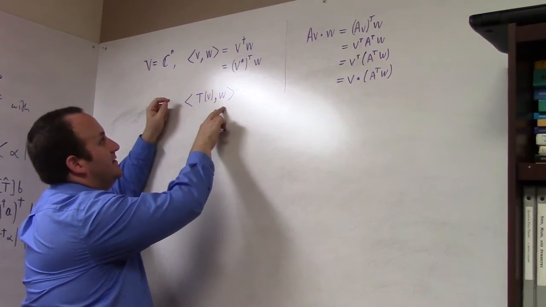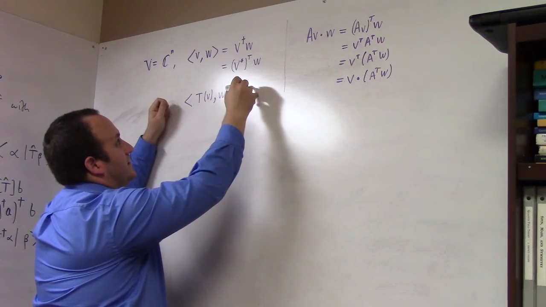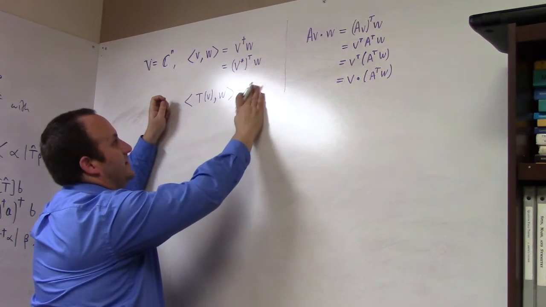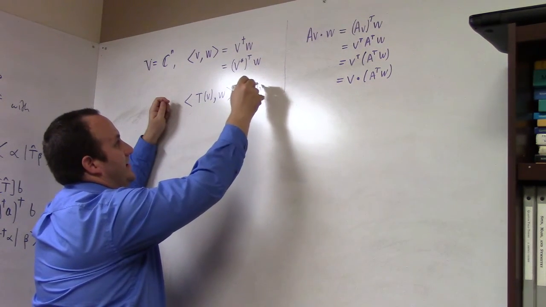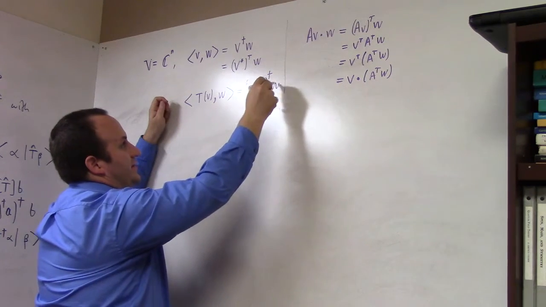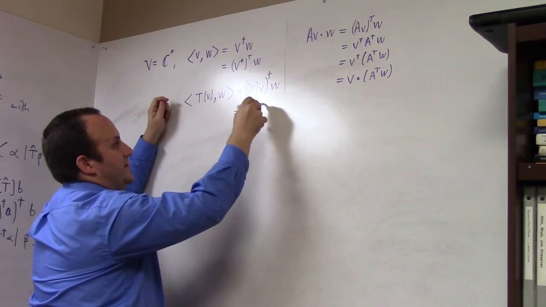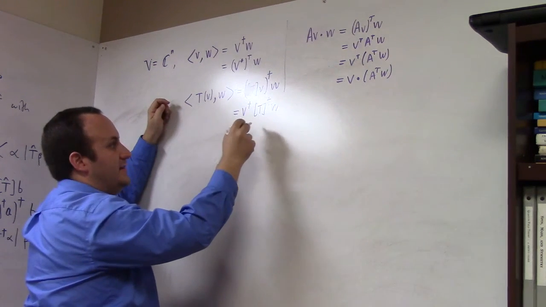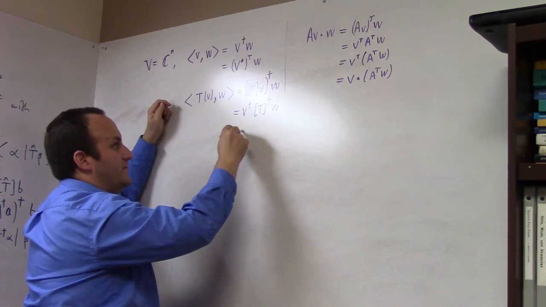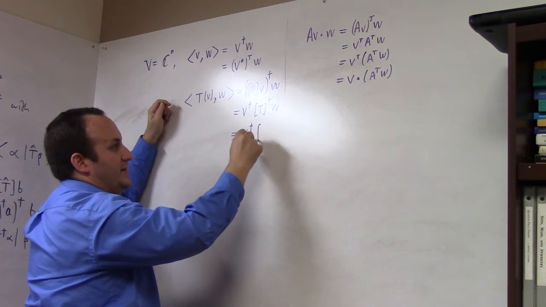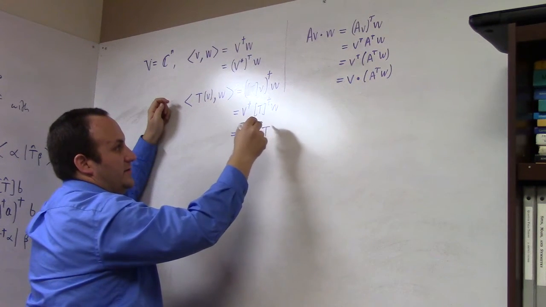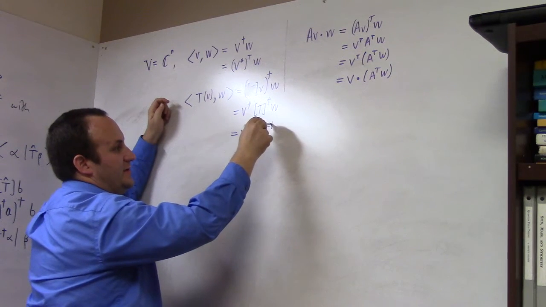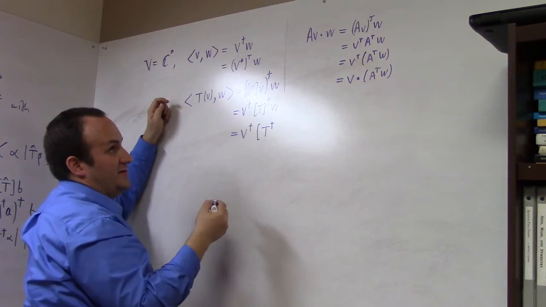So if I have this, then that is the matrix of T, V conjugate transpose times W, which is V conjugate transpose, the matrix of T conjugate transpose times W, which then is V conjugate transpose times the matrix of, by definition, the conjugate transpose of the matrix is the matrix of the conjugate transpose transformation.